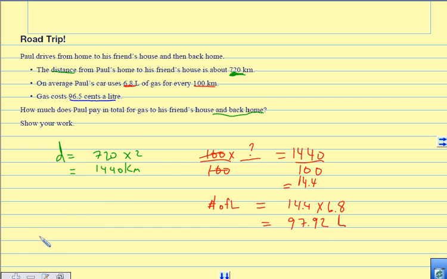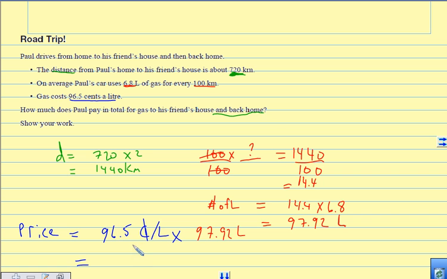So we know that the price is going to be equal to 96.5, and this is cents per liter, and we're going to multiply by 97.92 liters.